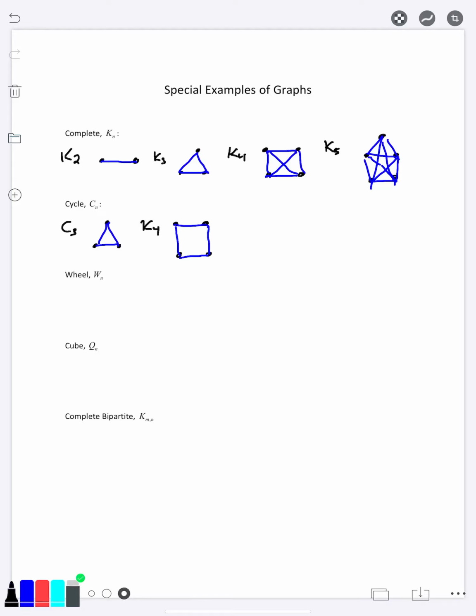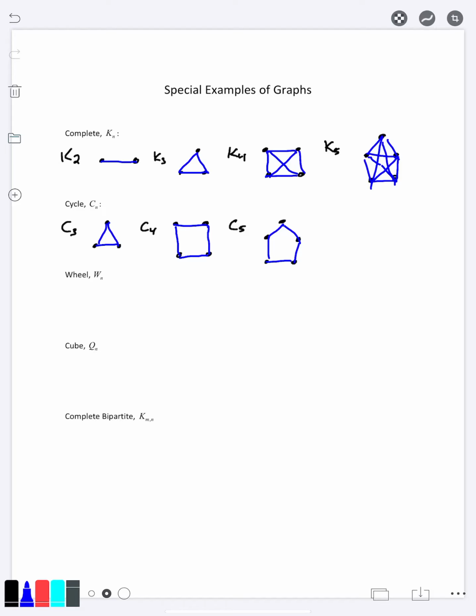That shouldn't be K, that should be C, apologize. And if you want C5, again, you just draw your five vertices, and you travel around, and you get back to where you started from.